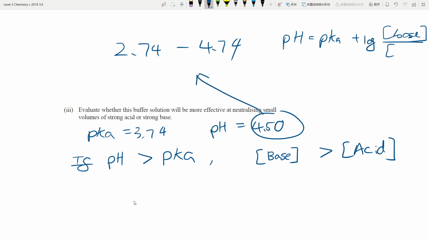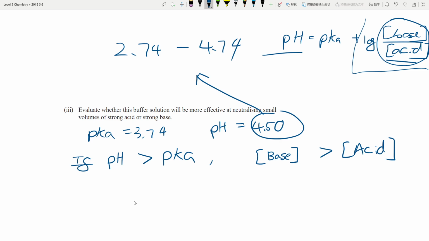The pH of the buffer depends on the ratio of base divided by acid. If you have a larger pH number, that means this log of base over acid must be a positive number. The only reason for that to be positive is that the denominator on the bottom is a smaller number than the top of the fraction. Okay, so that's just mathematics.